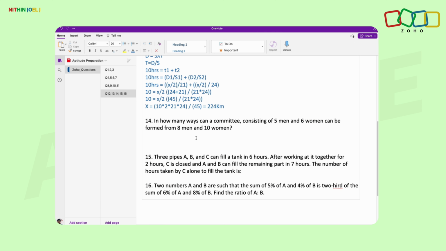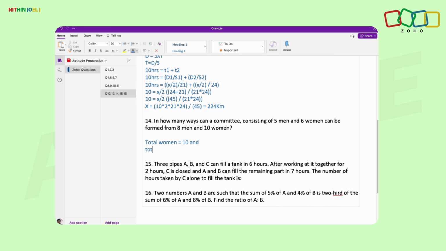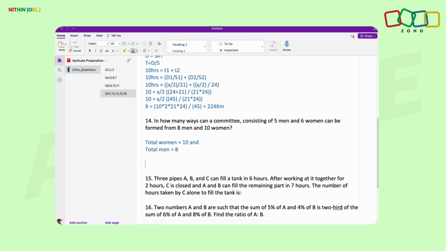So total women over here is equal to 10 and total men is equal to 8 over here. So we know the formula for combination over here, which is 8C5.